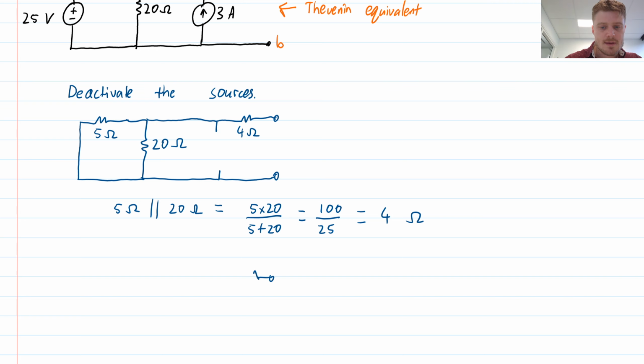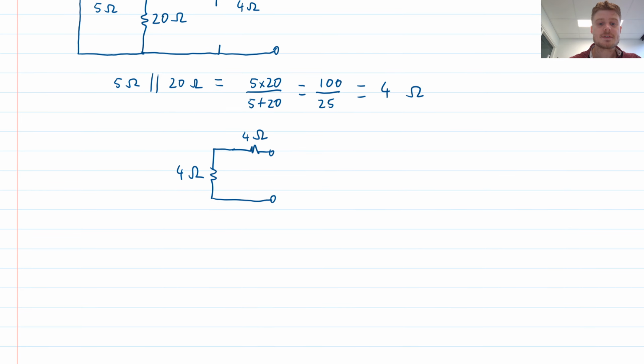Now I had the 4 ohm resistor that I haven't touched yet, and then that one is connected through the equivalent of that right hand side, which was just 4 ohms. And so the total equivalent circuit looking into these terminals is therefore 8 ohms. This is just 4 ohms plus 4 ohms, which gives me 8 ohms.